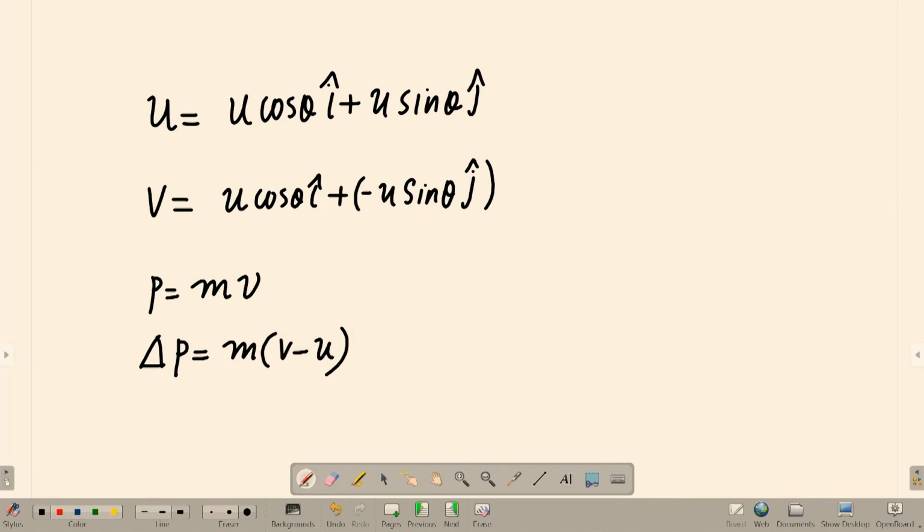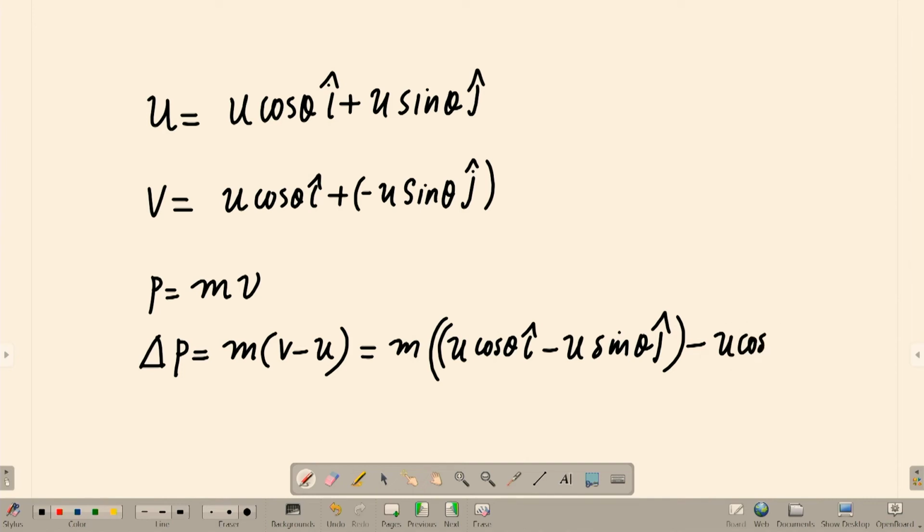That is m times u cos theta i cap minus u sin theta j cap, minus u cos theta i cap, plus u sin theta j cap.